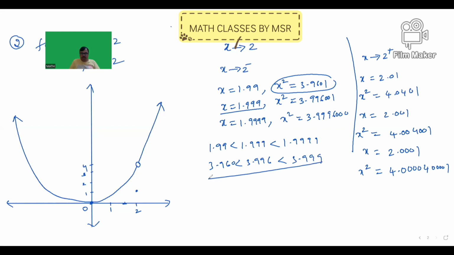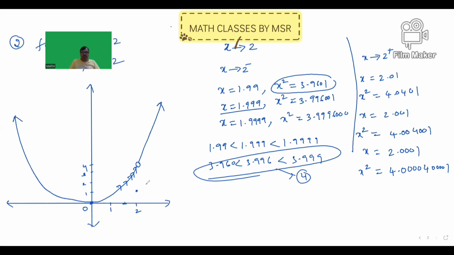So the values are approaching which value? 4. Right? All these values are approaching 4. From the right side you see.